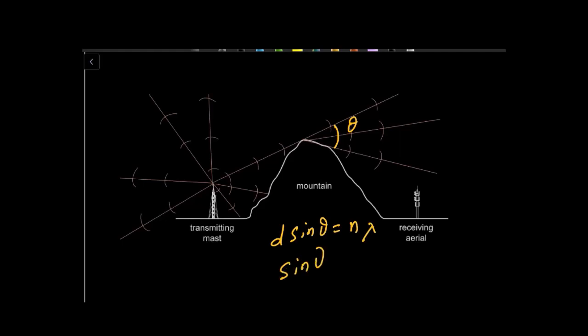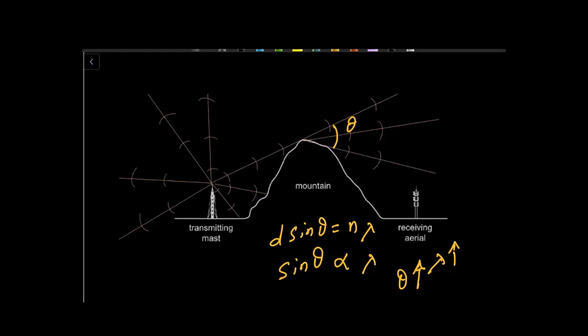So sine theta is proportional to lambda. It is apparent that as the wavelength rises, the angle of diffraction increases. So as lambda rises, theta increases. The angle of diffraction, on the other hand, diminishes as the wavelength decreases.